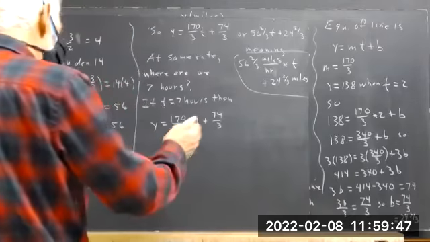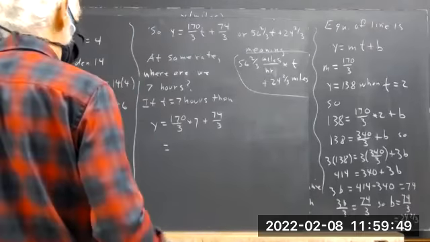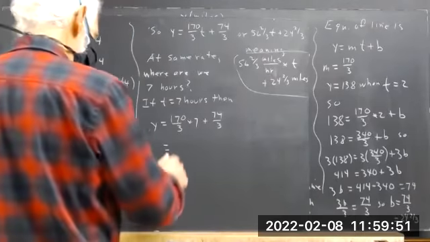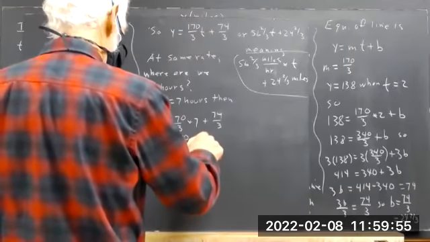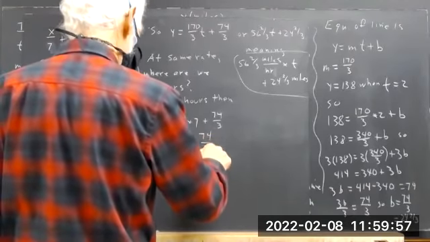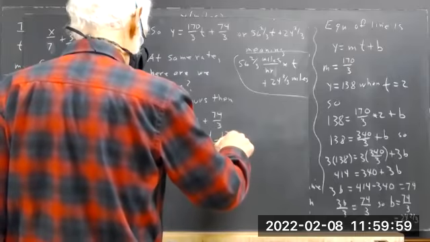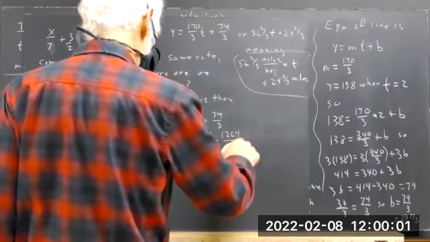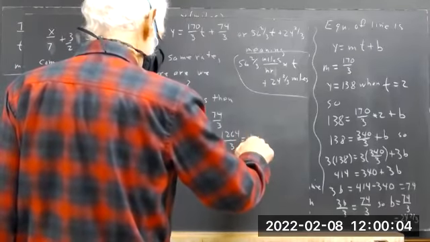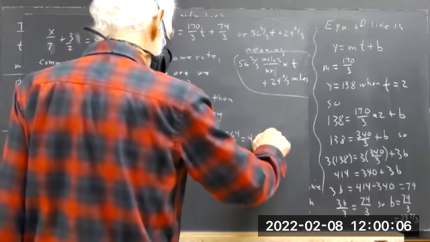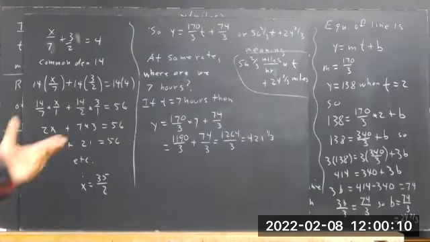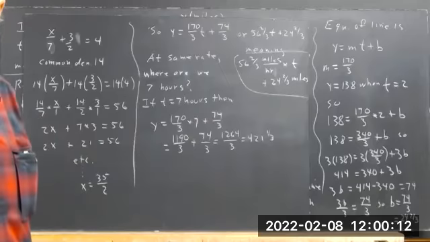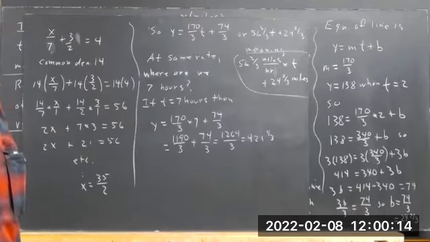And well, 170 thirds times 7 is 1190 over 3 plus 74 over 3, which is 1264 over 3, which is 421 and a third. So it'd be 421 and a third miles. Okay.